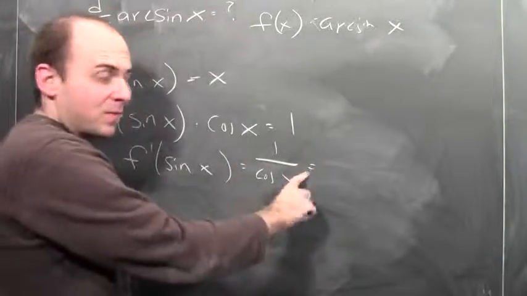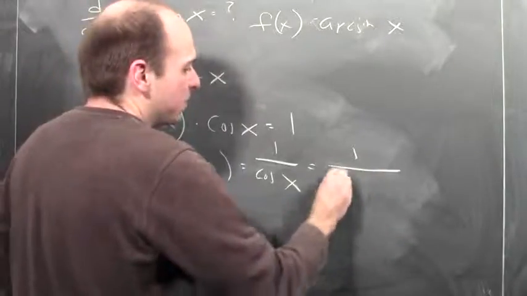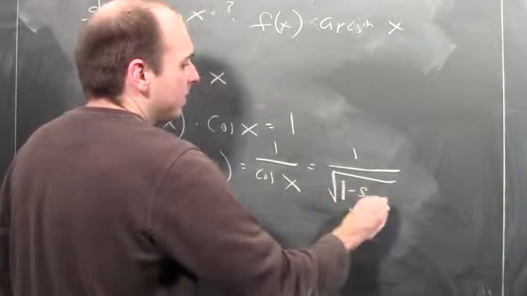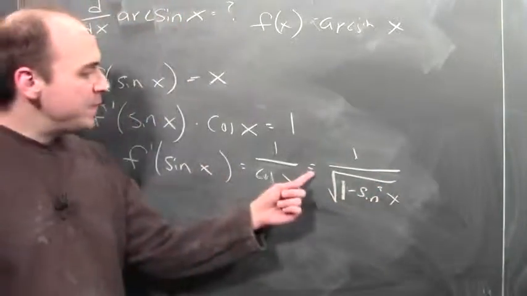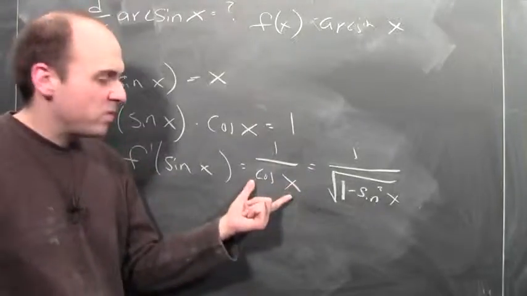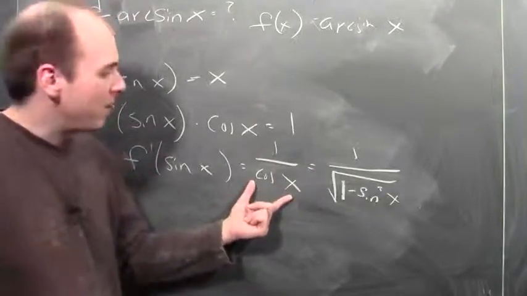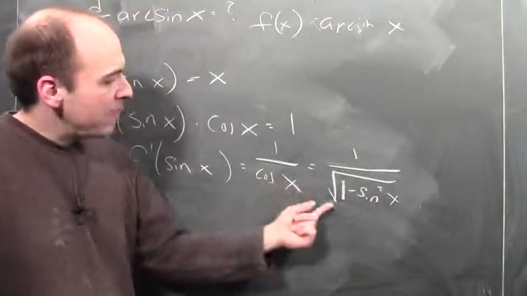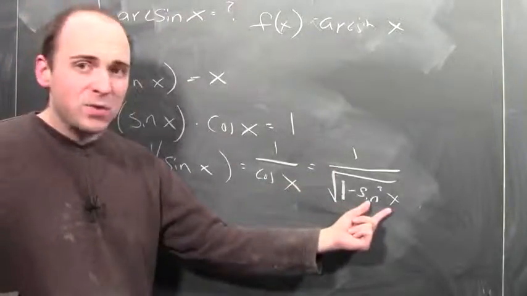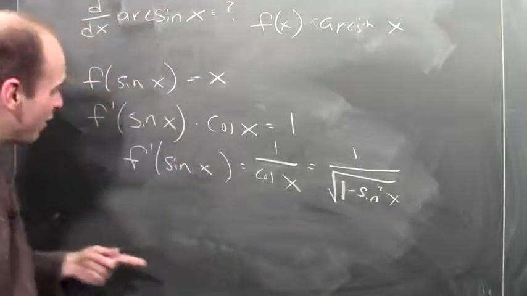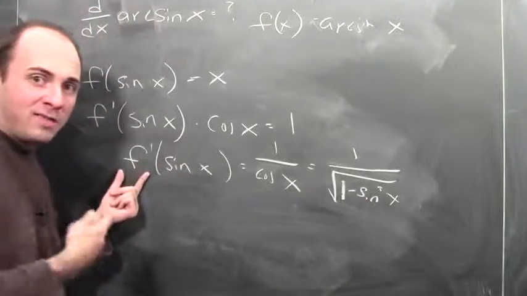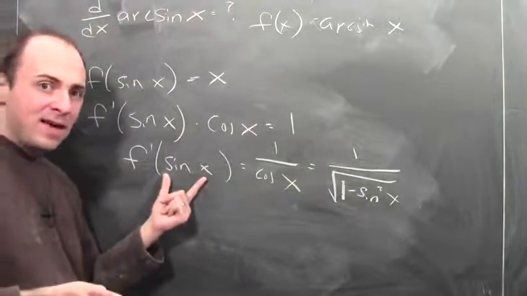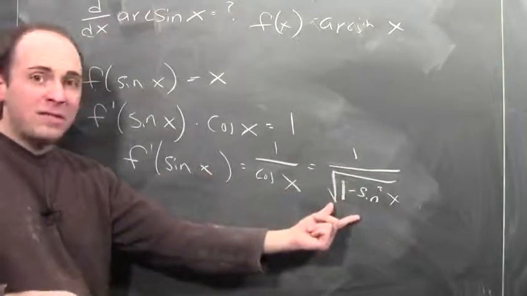You should be a little skeptical of this equality. It's 1 over the square root of 1 minus sine squared x. You have to be a little bit worried here because you've got to know that cosine's positive. Okay, but let's suppose it is. So if cosine's positive, then I can write cosine x as the square root of 1 minus sine squared x. And now I've got a formula for the derivative of f at sine x, something involving sine x.